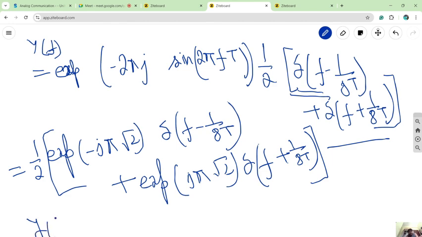And then following this, y(t) will be actually, this is the Fourier transformation, so from here we have to come to the time domain representation.